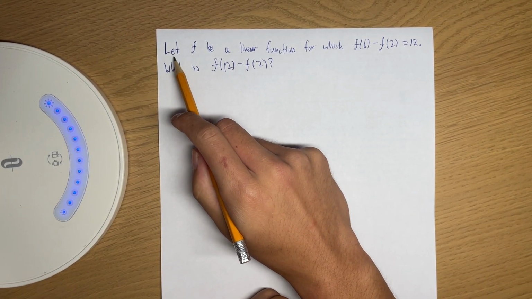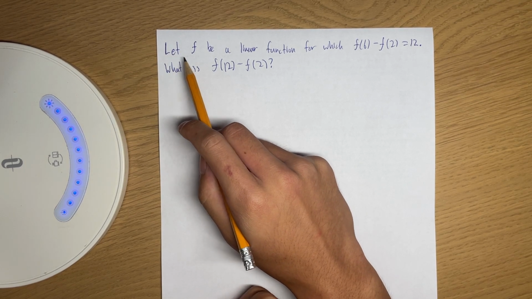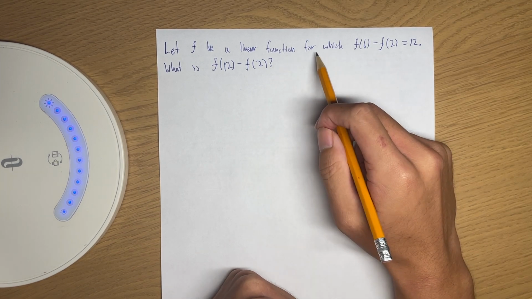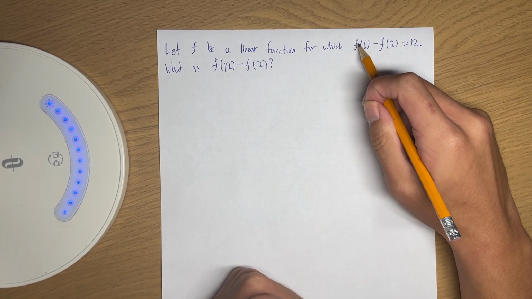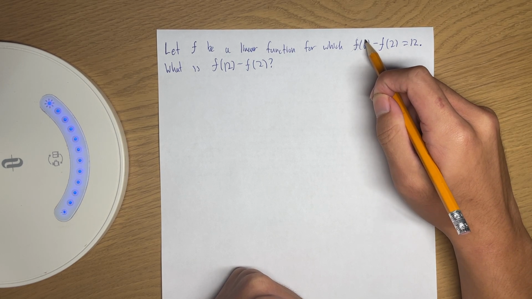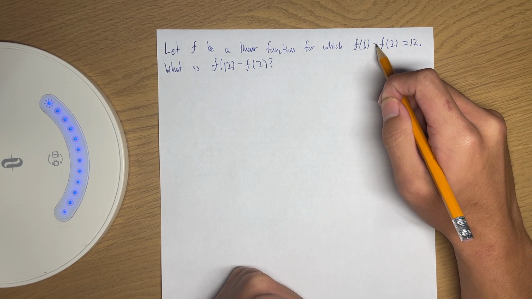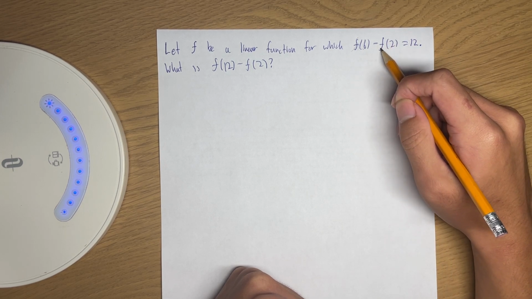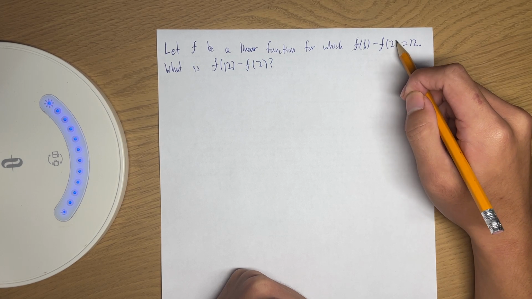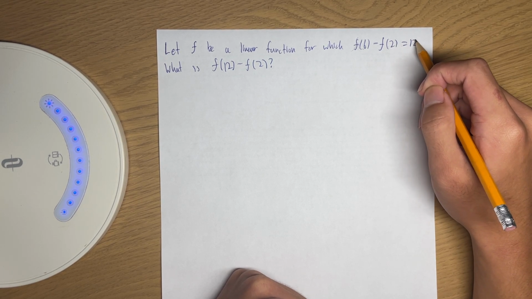So we see here that f is a linear function for which, when the input to f is 6, subtracted by the result for which the input of f is 2, is equivalent to 12.